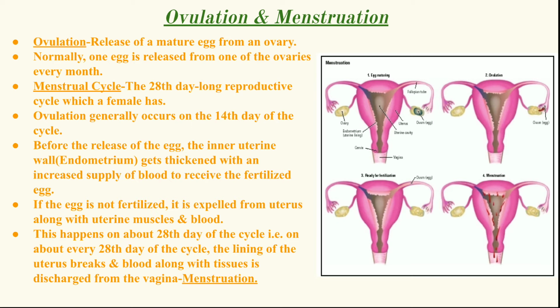So menstruation is a process by which the lining of the uterus breaks and blood along with the tissues gets discharged along with the unfertilized egg. This is known as menstruation.